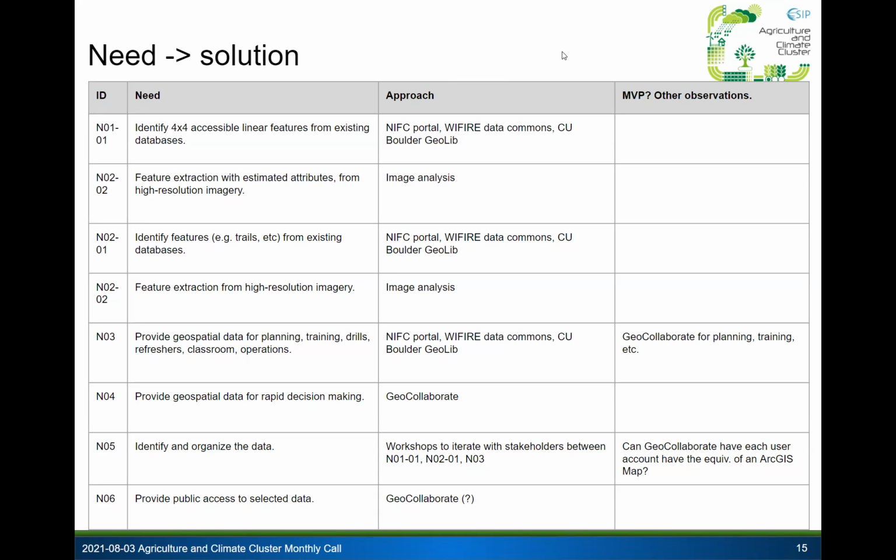Additionally, it's exciting to hear that there are a bunch of data sets that we could possibly access, but it is an interesting machine learning problem to extract the linear features for places that we don't have data, and Wi-Fi has a machine learning group that could potentially help there as well. I've done it with some primitive tools, and it's not super easy.